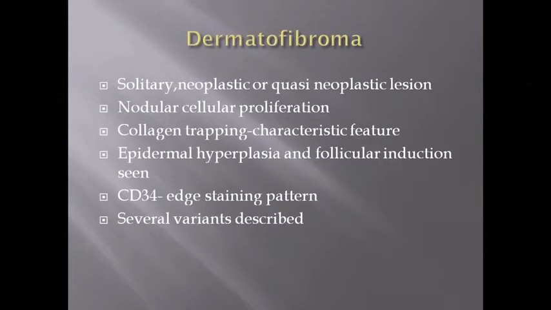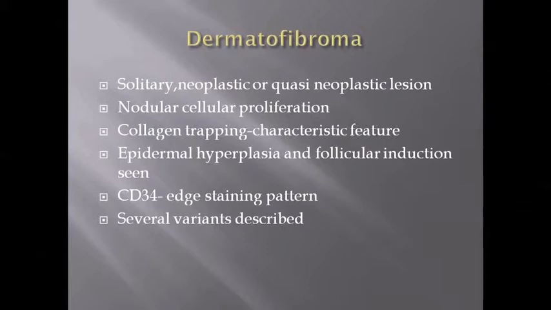So they are usually solitary neoplastic or quasi-neoplastic lesions. Some people even think that dermatofibromas are reactive conditions and not real tumors. They usually present as a nodular cellular proliferation. Collagen trapping is a characteristic feature, that is, they tend to wrap around collagen bundles. Epidermal hyperplasia and follicular induction are seen, and the CD34 edge staining pattern is typical.